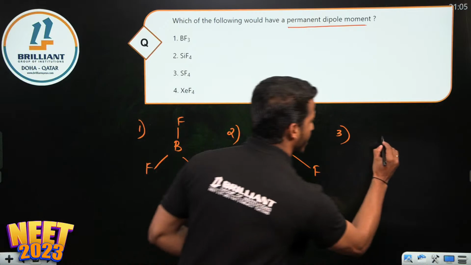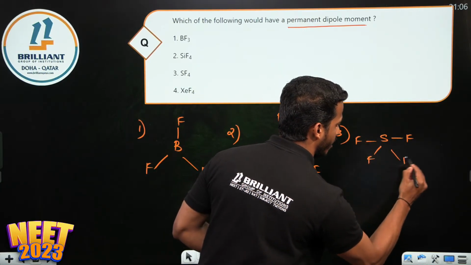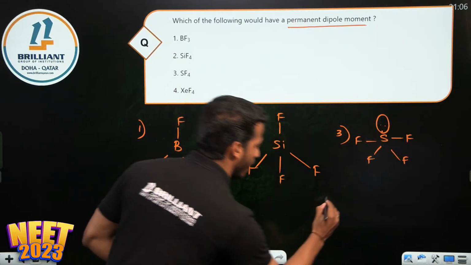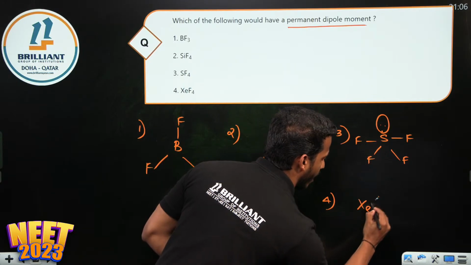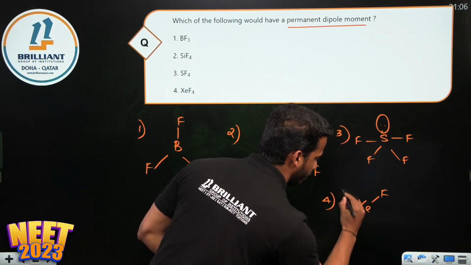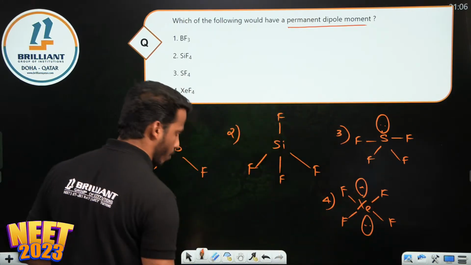What is the shape of SF4, dear all? SF4 has a seesaw shape, right? And the fourth compound is XeF4. XeF4 has a square planar shape. This is the shape of these four molecules.